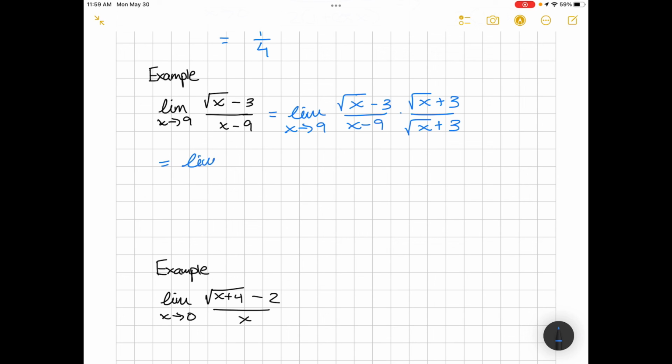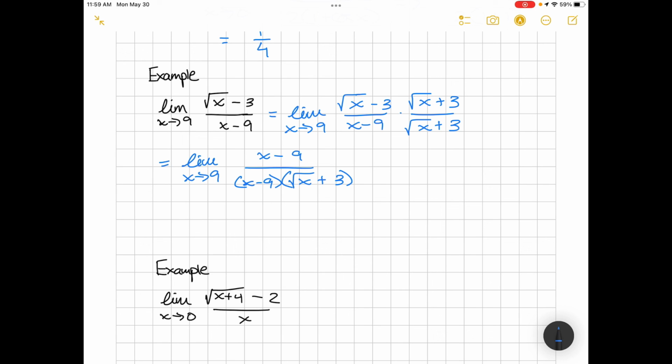So this becomes the limit as x approaches 9, and the square root of x minus 3 multiplied by the square root of x plus 3, we can use the difference of squares rule. So that is equal to the square root of x squared minus 3 squared, which is x minus 9, all over x minus 9 multiplied by the square root of x plus 3, like that.